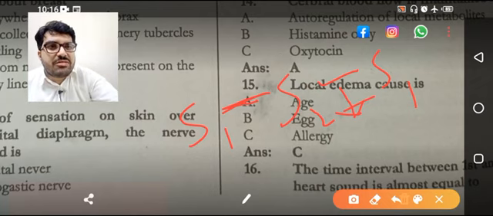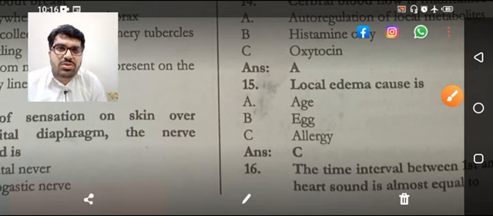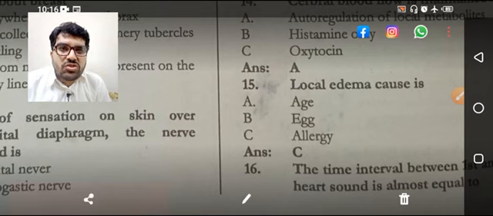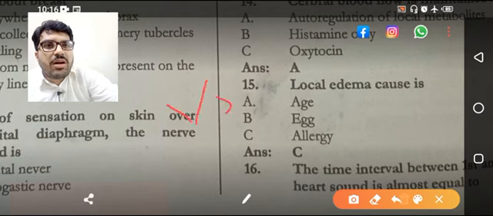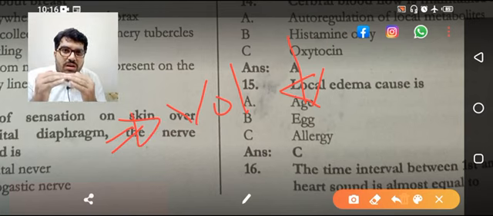Now there is another MCQ that is coming again and again with high controversies, that is, during inspiration what happens? The answer to that question is that the volume of arterial pulse is decreased.